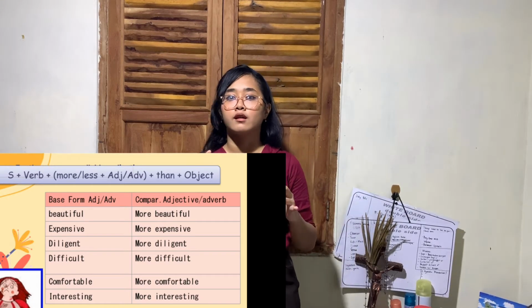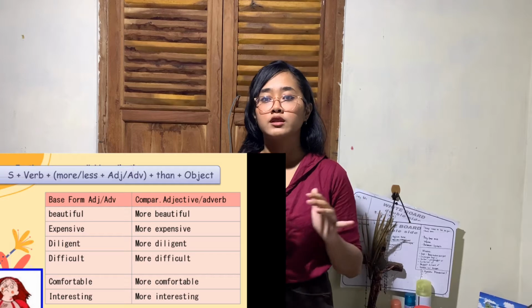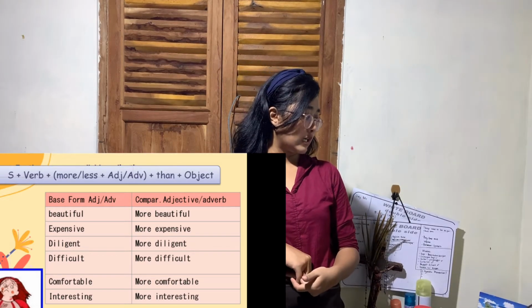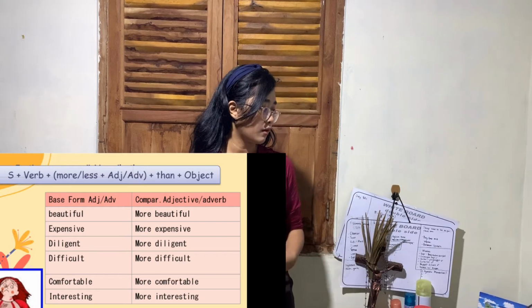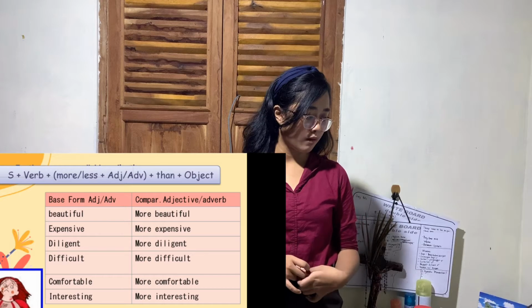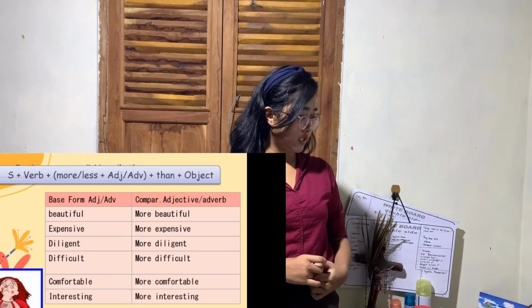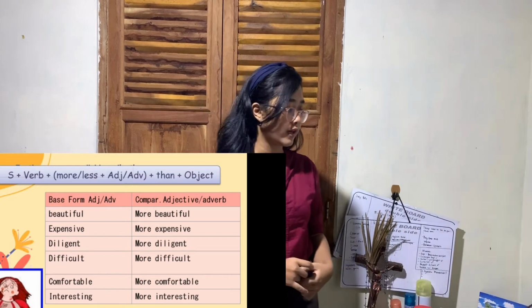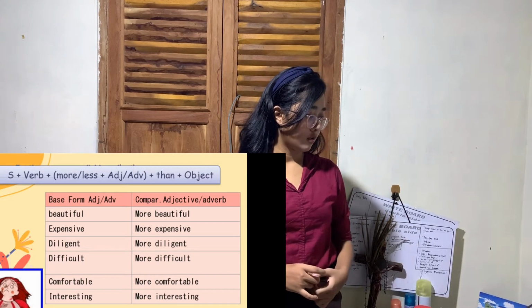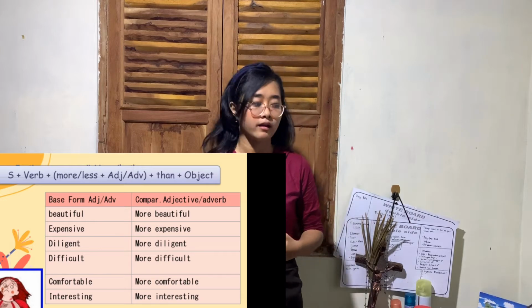It's the same as the structure for two-syllable adjectives. The examples, in base form: beautiful becomes more beautiful, expensive becomes more expensive, and you can read the others by yourself in the handout.